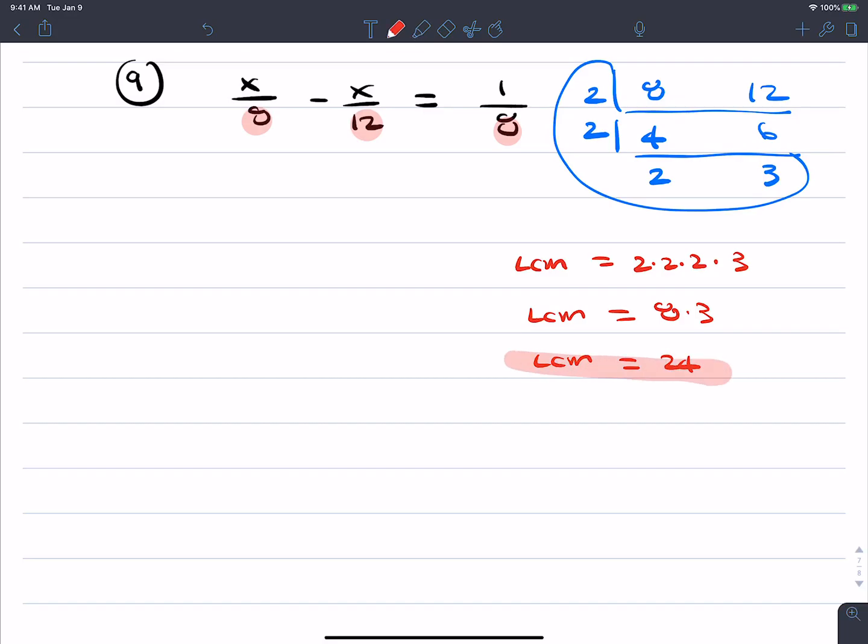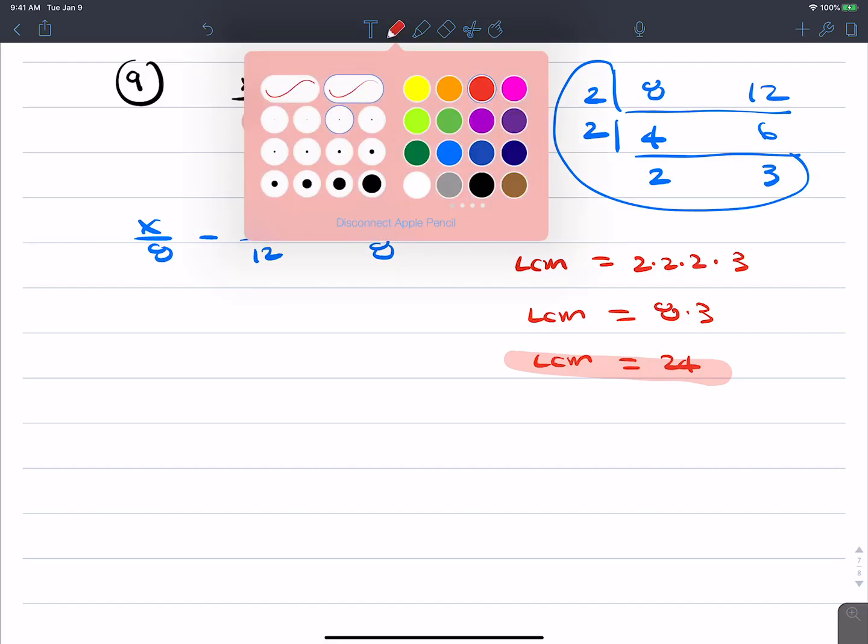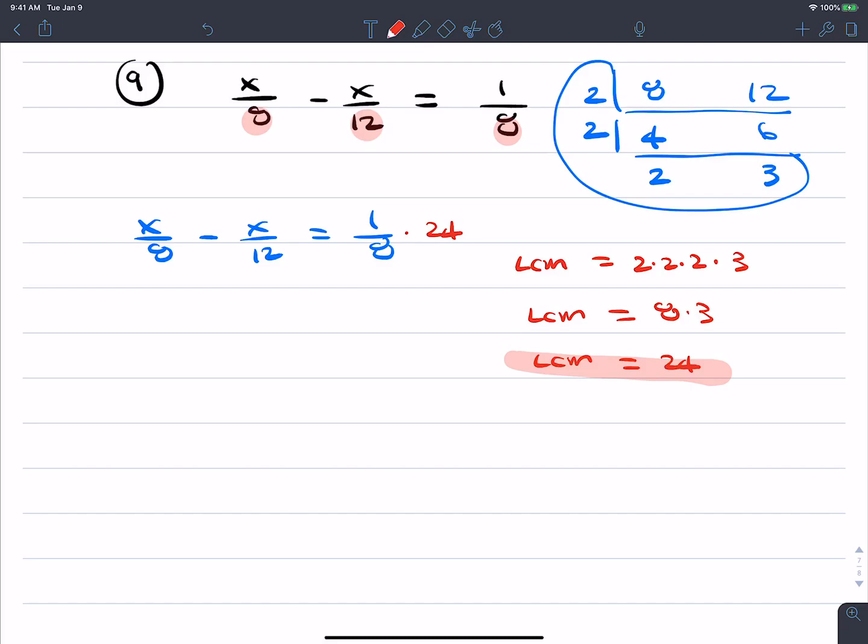So we're going to do what with that 24 here? Multiply every term, both sides of your equation, x over 8 minus x over 12 is 1 over 8. Multiply both sides by that 24. Is that right? So we'll end up with 24x over 8. Oops.